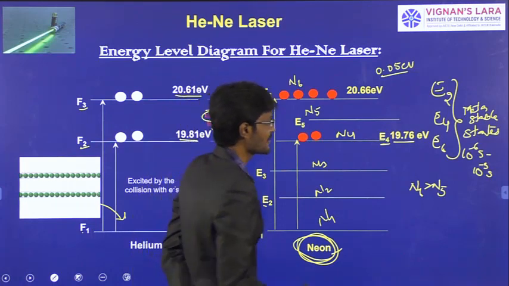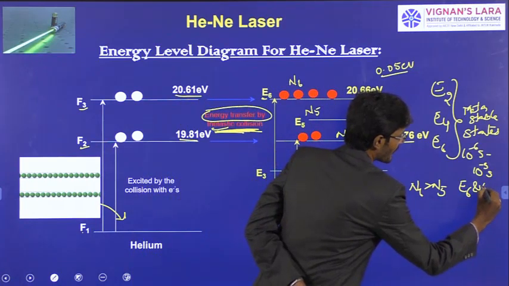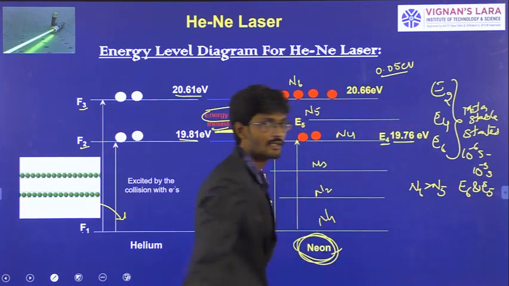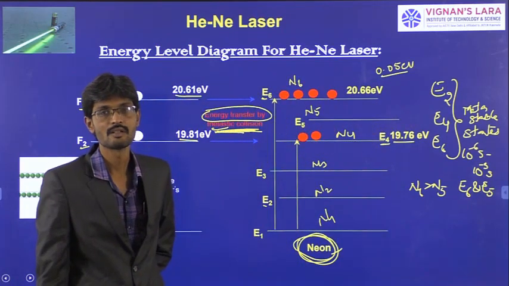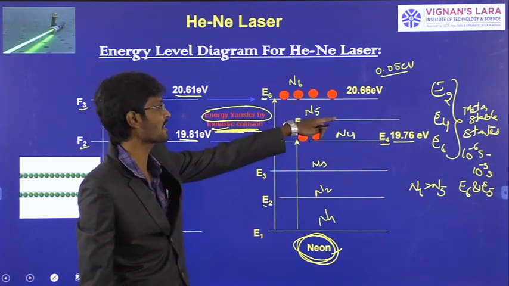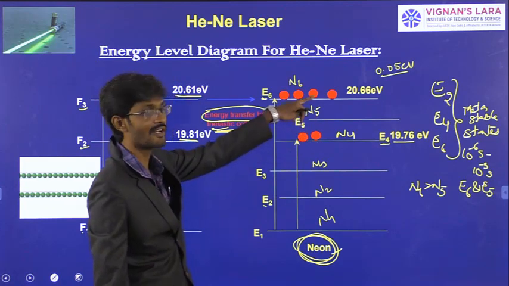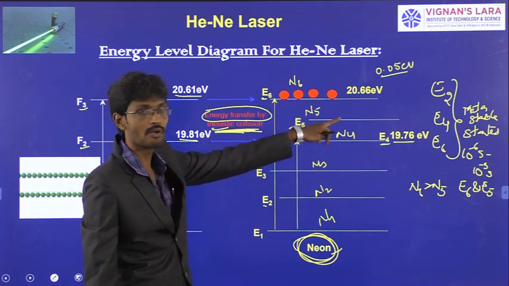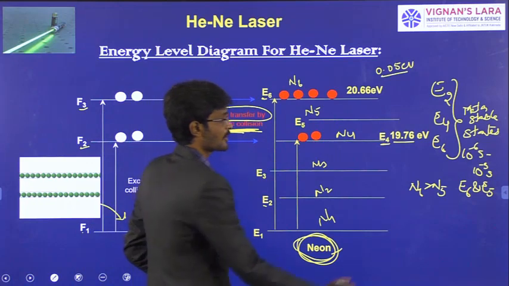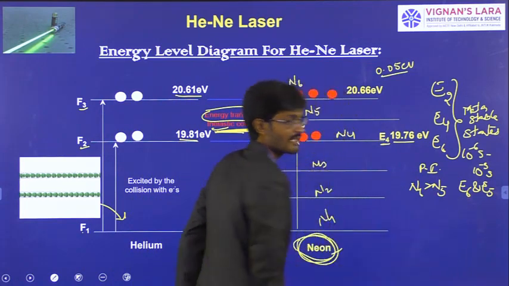The population inversion is achieved between energy states E6 and E5. What is population inversion? The number of atoms in the higher energy state should be greater than the number of atoms in the lower energy state. So there are neon ions in E6 and no neon ions in E5. Therefore the population inversion is achieved between E6 and E5.